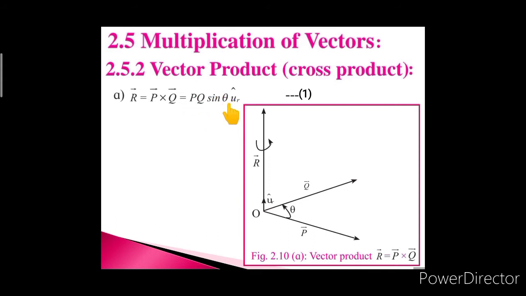So, PQ sin theta gives the magnitude of the vector R, and UR cap is the unit vector of the vector R, which gives the direction of the vector R. Over here, one example we can consider: while opening the cap of a bottle, we are moving the cap in the anti-clockwise direction.